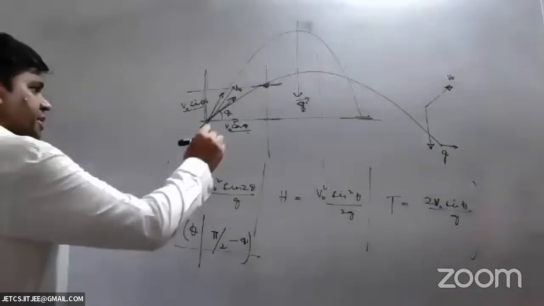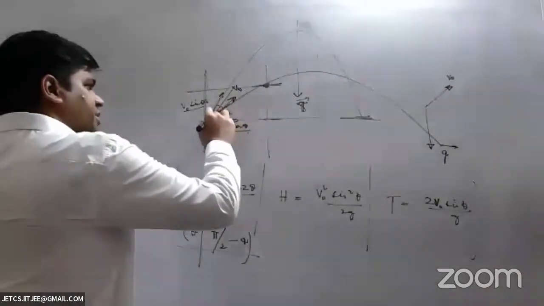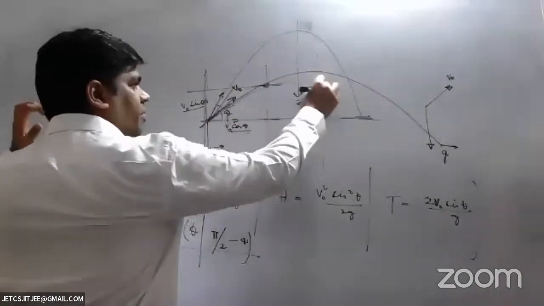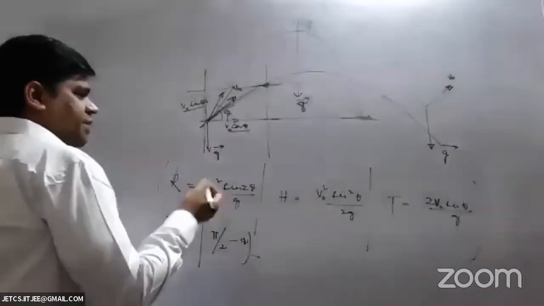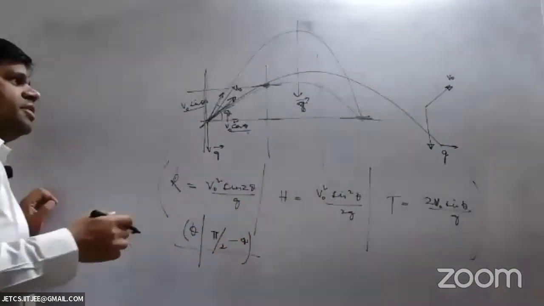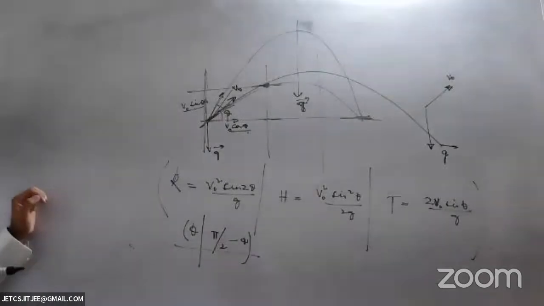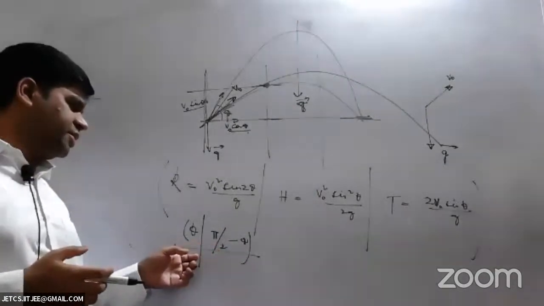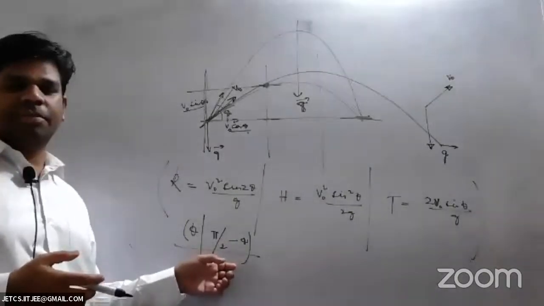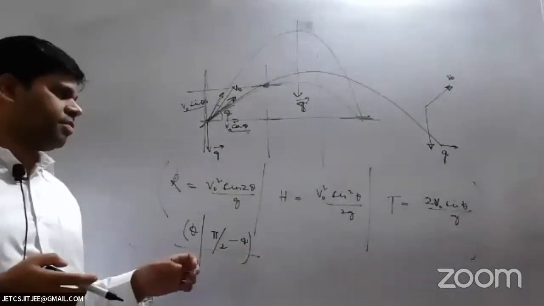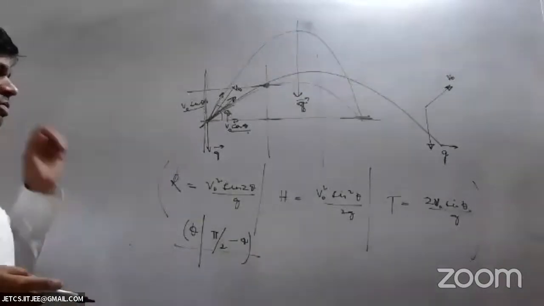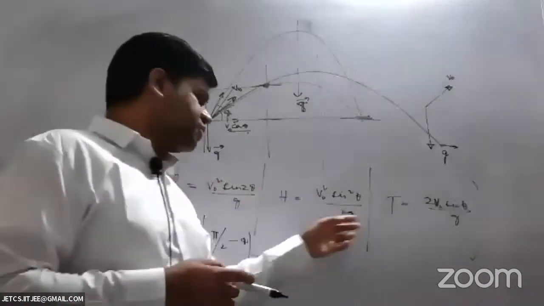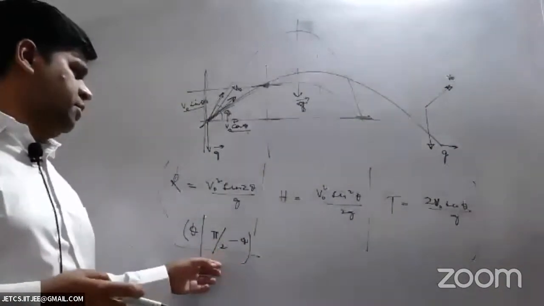If the angle is 30 degrees or 60 degrees, my range is going to be the same. If the angle is 15 degrees and 75 degrees, the range is the same. So range is the same for complementary angles. If it is theta and 90 minus theta, range is the same. The time of flight and maximum height will be different for both the thetas.